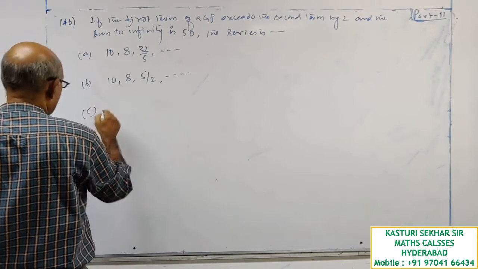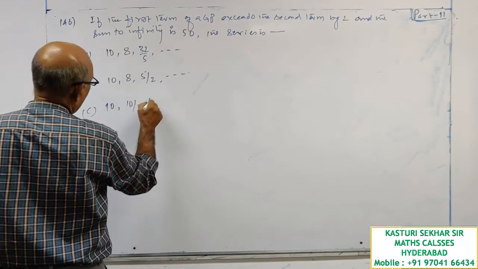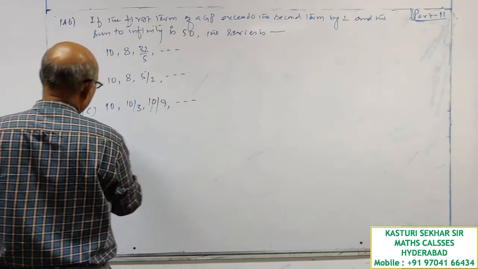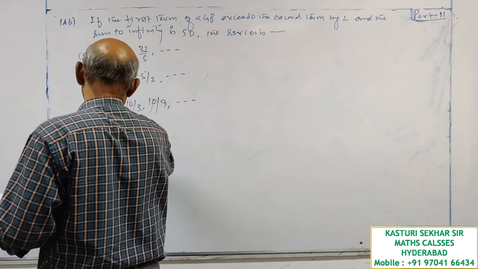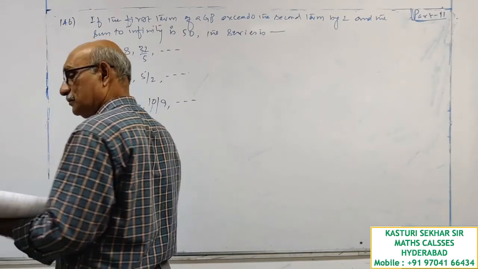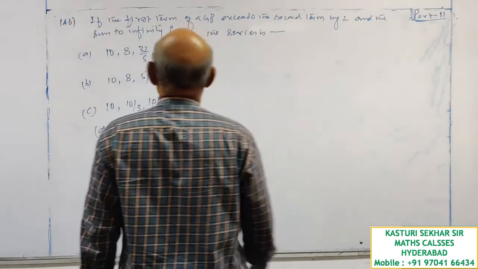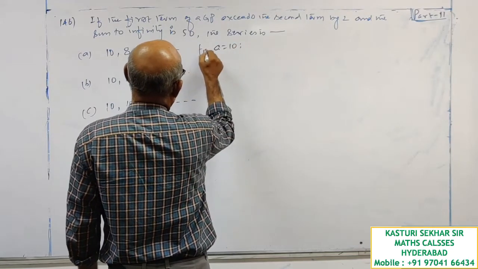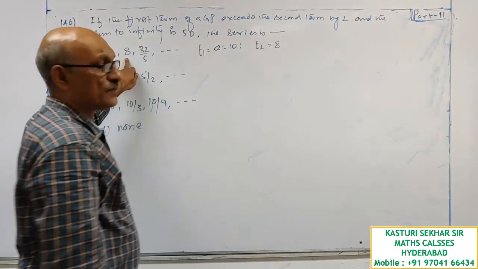Option C, 10, 10 by 3, 10 by 9, etc. Option D, none. Now sir, A is equal to 10, T1 is equal to 10, T2 is equal to 8 for option A.